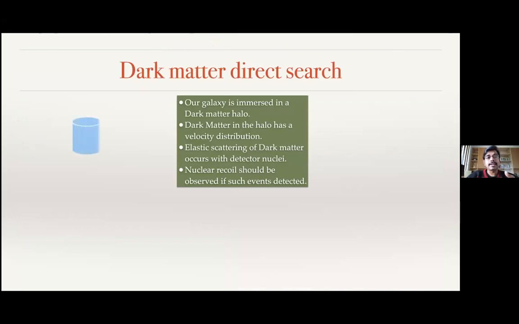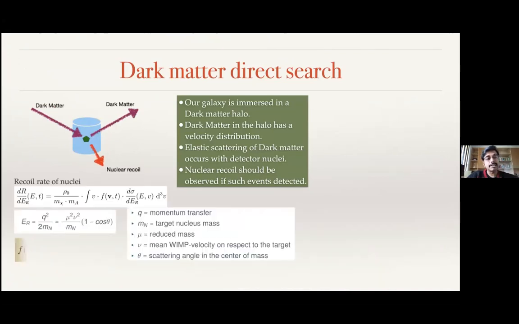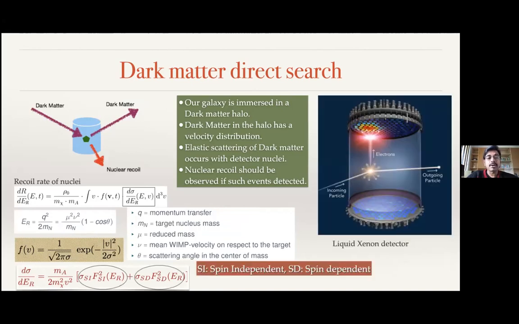And then there is the dark matter direct search, which once again I will quickly go through. We know that dark matter can also be observed from the direct search experiments, where you have the recoil rate, and the differential cross section with respect to the recoil energy can have two components. One is called spin independent and one is spin dependent.